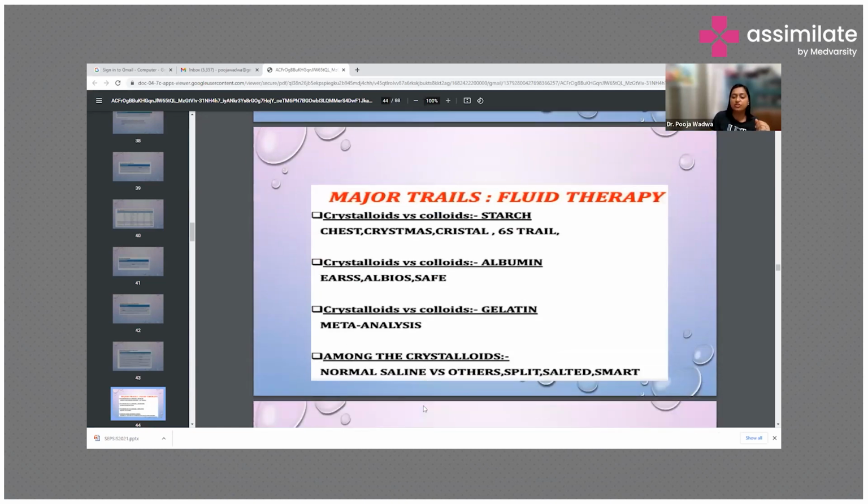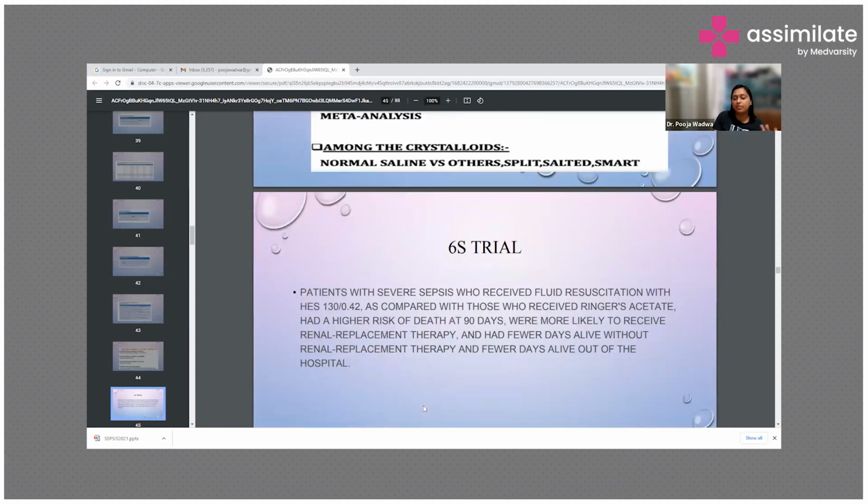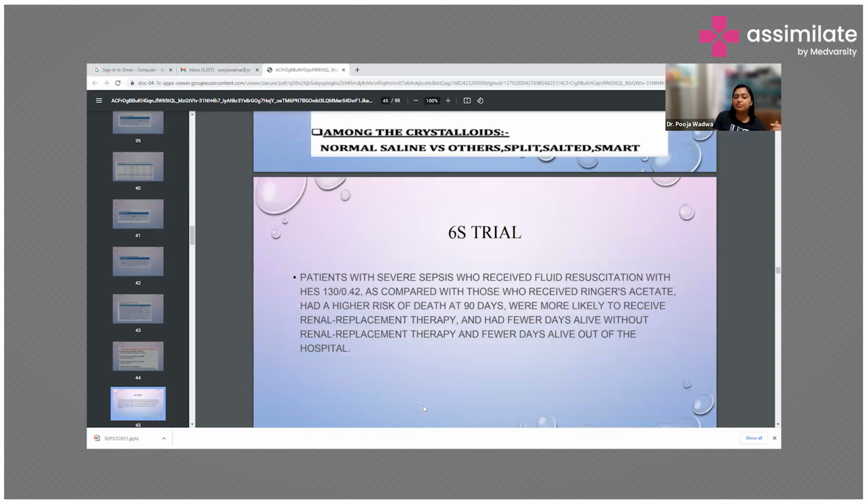Now, these were the major trials of fluid therapy. Starch, albumin: this was the CHEST trial, and the 6S trial. In the 6S trial, patients with severe sepsis who received fluid resuscitation with HES, as compared to those who received Ringer's acetate, had a high risk of death, were more likely to receive renal replacement therapy, and had fewer days alive without renal replacement therapy.